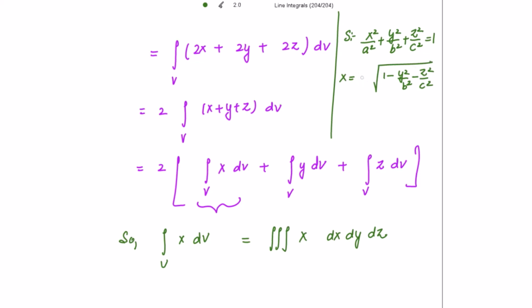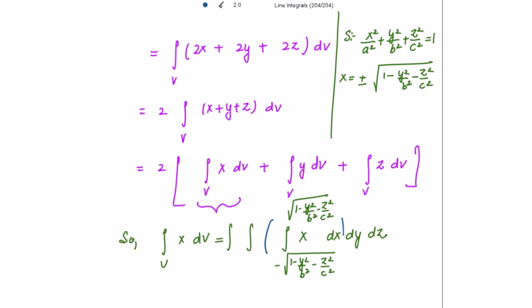So the lower limit is negative of square root of 1 minus y square over b square minus z square over c square, and the upper limit is positive square root of 1 minus y square over b square minus z square over c square, right?